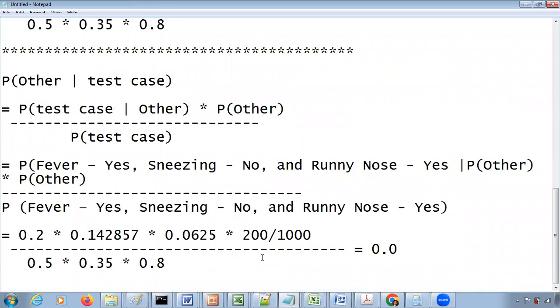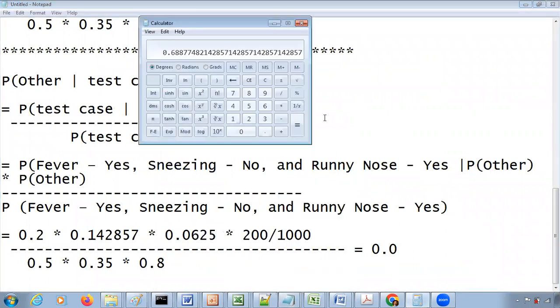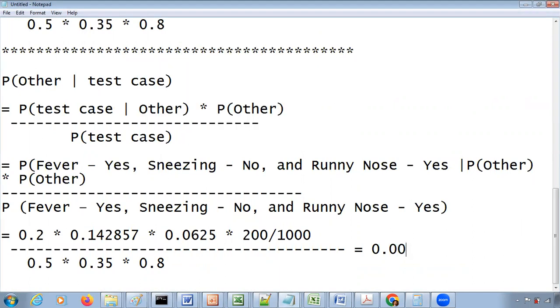None of the values are 0, so you have to do the actual multiplication now. So 0.2 times 0.142857 times 0.0625 times 200 divided by 1000, divided by 0.5, divided by 0.35, divided by 0.8 is going to be 0.00255. So the probability for it to be other disease is actually very low.